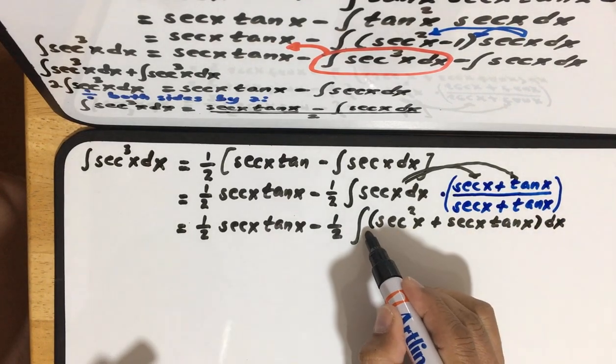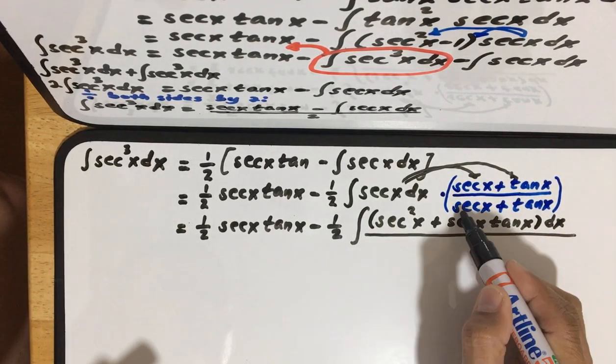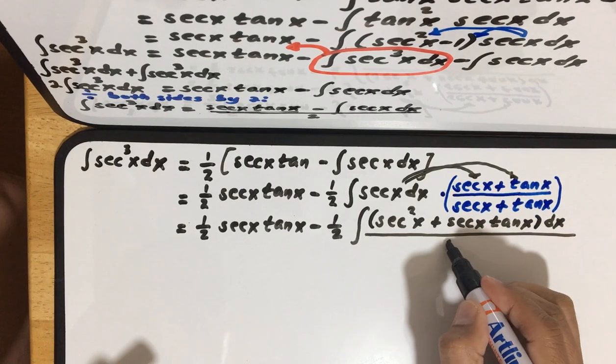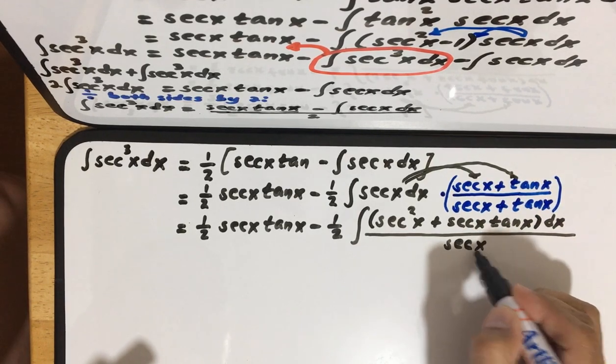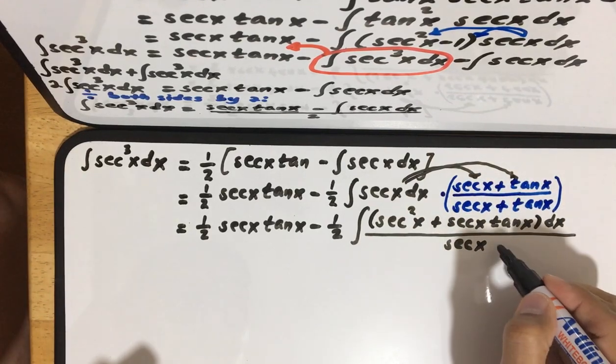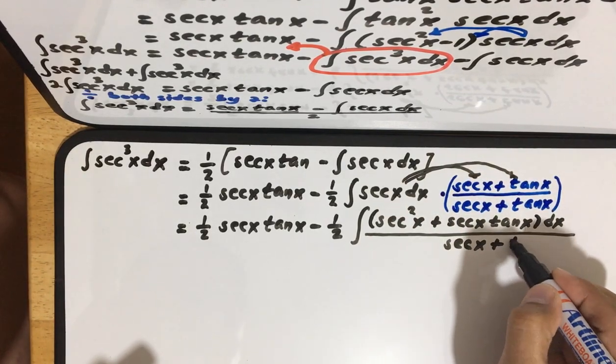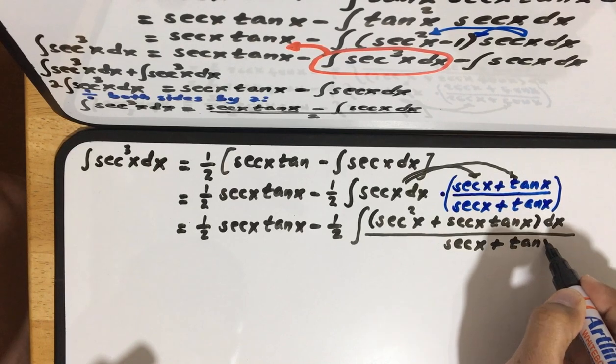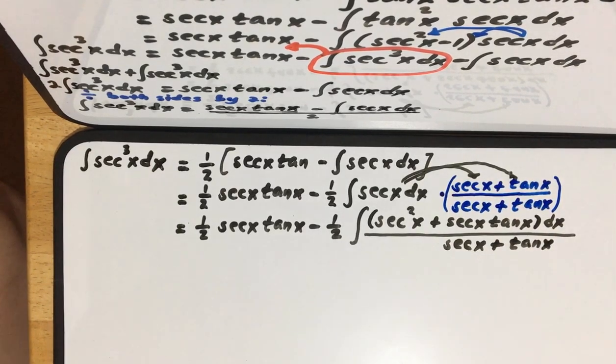And the denominator, we have the same denominator, which is secant x plus tangent x. So that is the resulting integral.